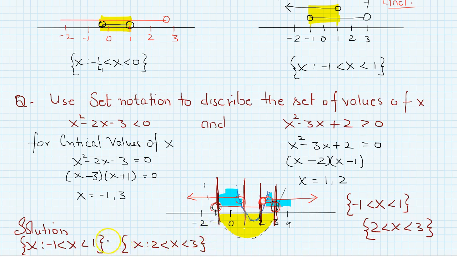And we have here the union of it, this and this. So this is going to be the solution set for this question.